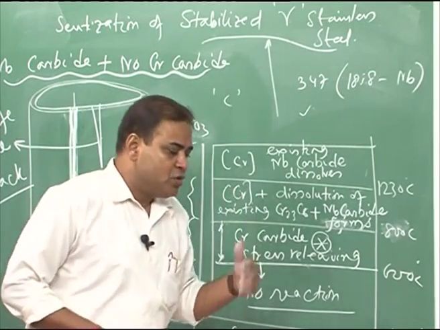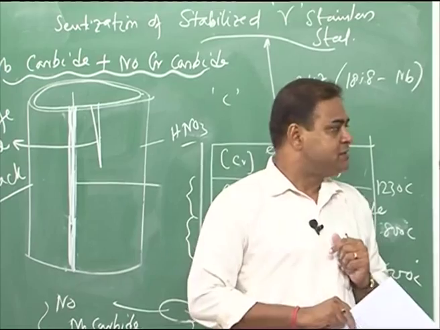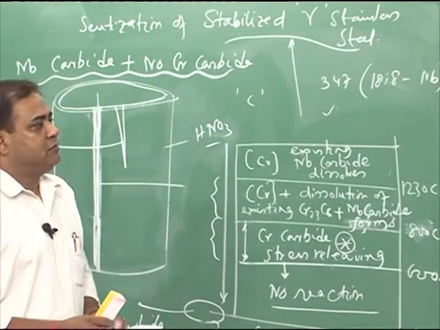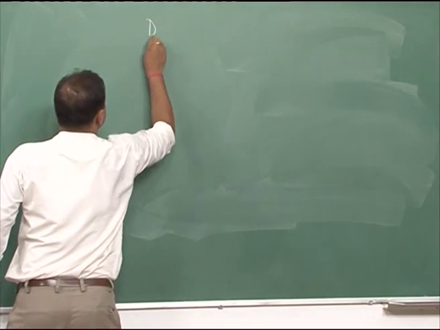Now, let us get into one more form of corrosion, that is called the dealloying process.